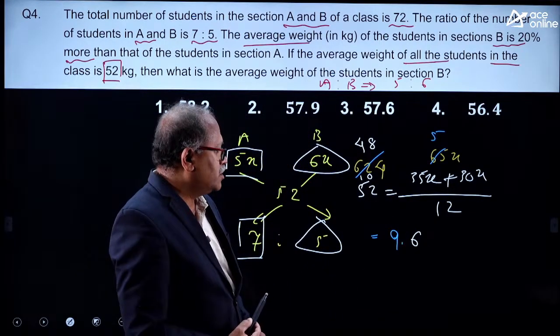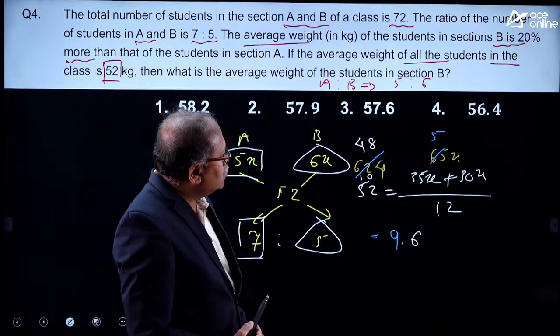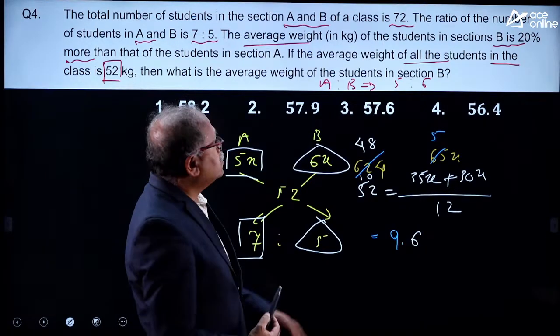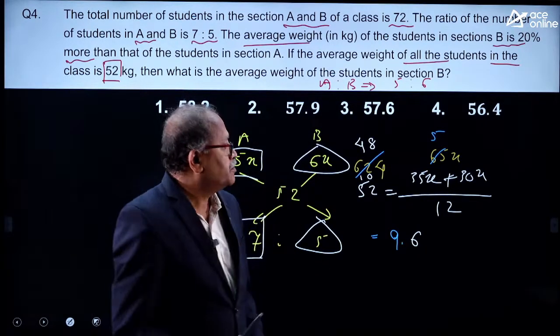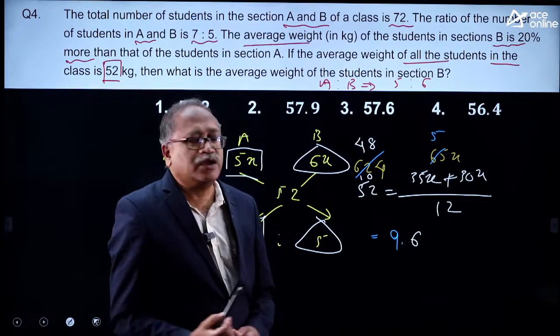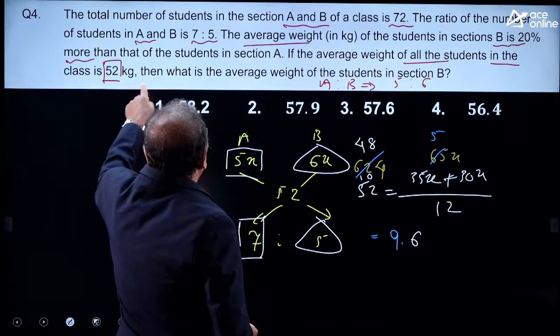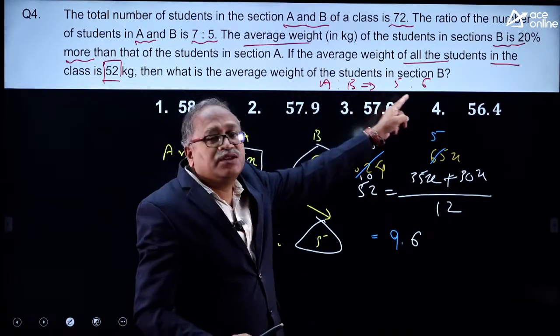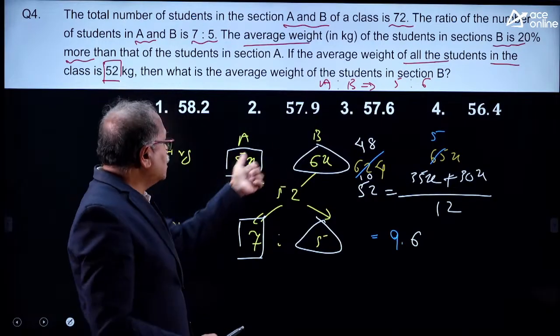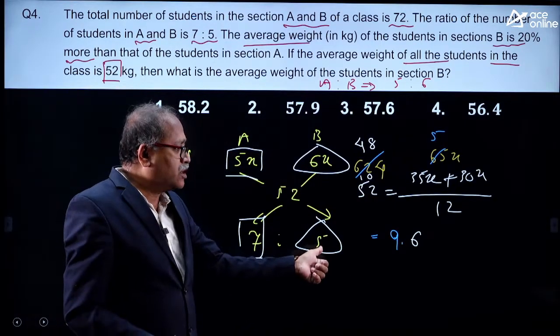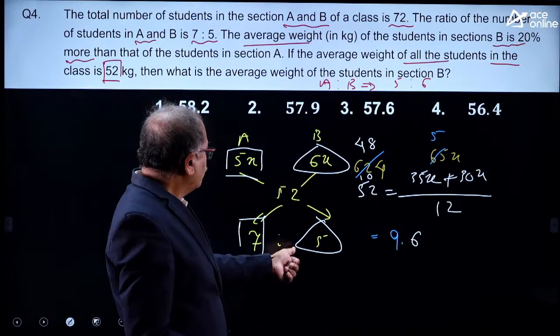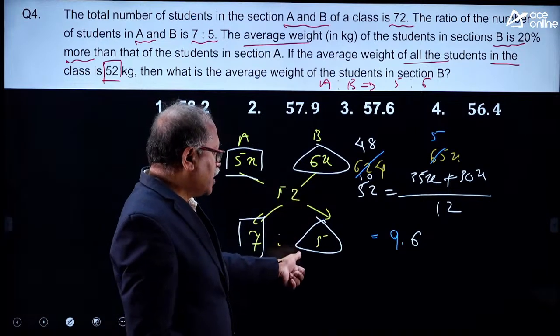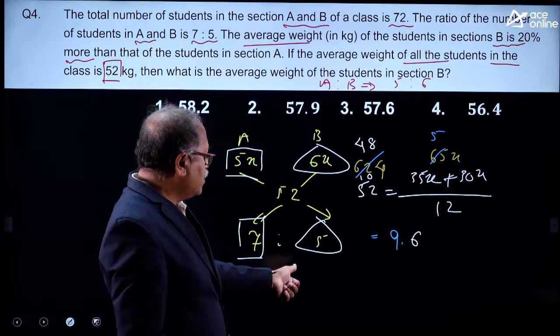Do I need to multiply? Achha, okay, I am sorry. So this is x equal to 9.6. What is asked of us is the average weight of the students in section B. So that is into 5? Shall I go for into 5?